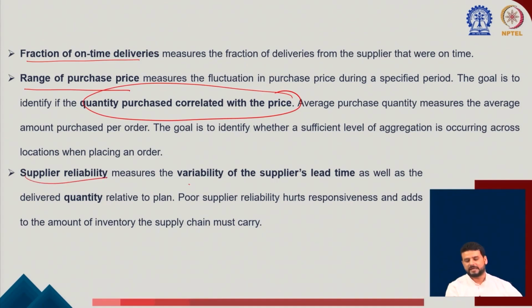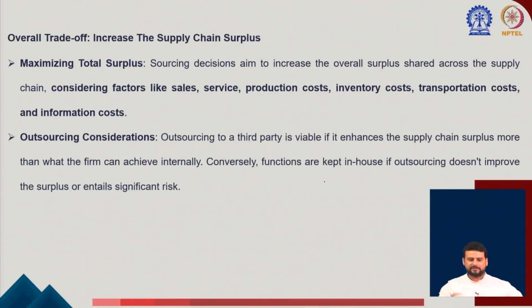Supplier reliability in terms of variability in the lead time, in the quality, in the quantity. Sometimes we placed an order for 50,000 items and he only supplied 30,000 items, because he is struggling with managing capacity, with breakdowns of equipment, getting raw material and all those things, right. So that is supplier reliability.